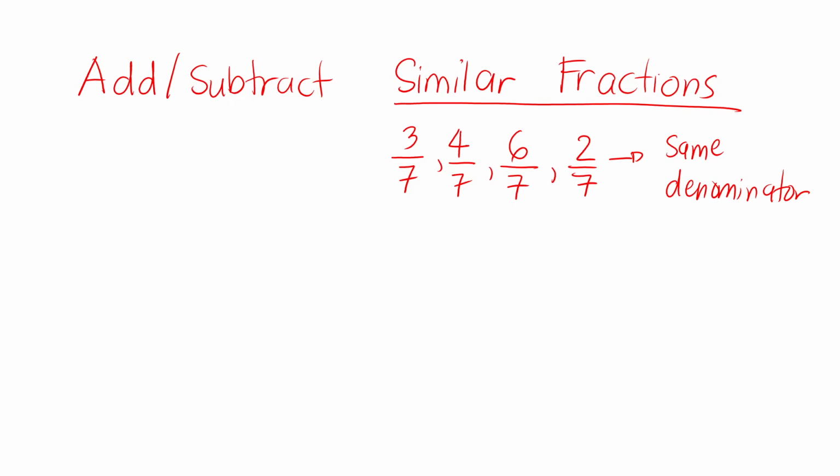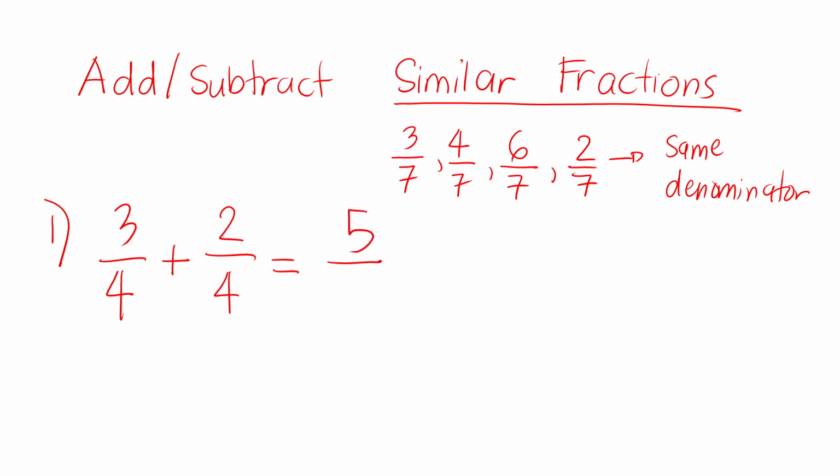Very good. So example number 1: 3 over 4 plus 2 over 4. What is 3 plus 2? 5. Then copy the denominator 4. Is the first example clear?